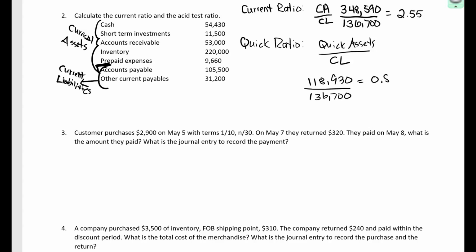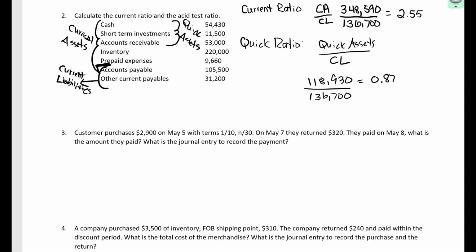Do the division here and you get 0.87. Your quick ratio is always going to be smaller than your current ratio. The numbers used to get your quick assets are cash, short-term investments, and accounts receivable. These are your quick assets, and what they mean by quick assets is what can turn into cash the quickest.